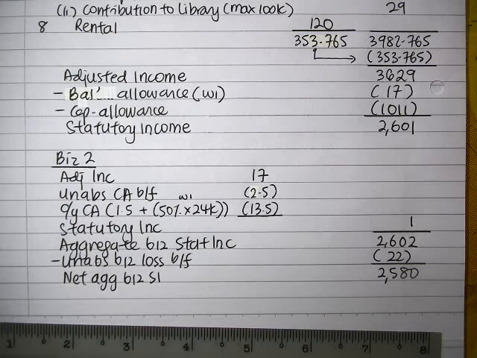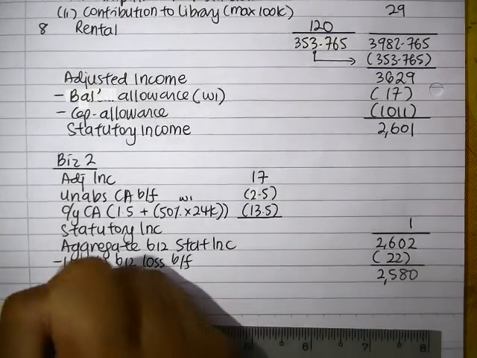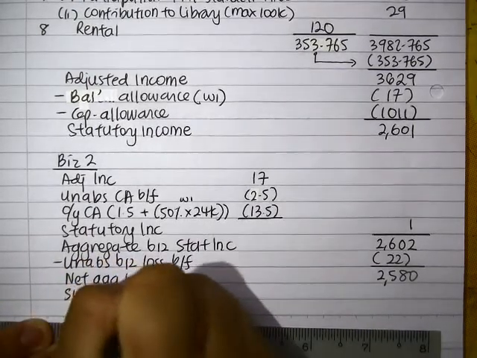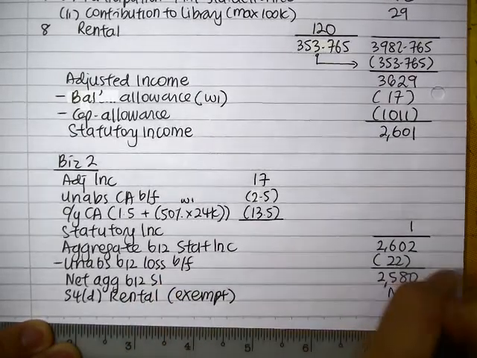Okay. Now, so after you finish off with business SI, what comes next? The investment income, correct or not? And investment income in this case would be, which income is that? Rental, right? There's a foreign rental, correct or not? Now this foreign rental is tax exempt, am I right? Okay, so your 4D rental is tax exempt, so nil.